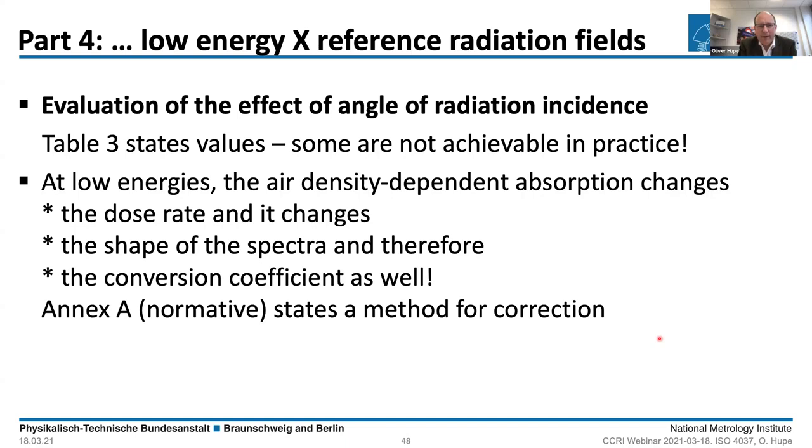But at the same time, the shape of the spectra also changes, because the absorption for the low energy part is much higher than for the high energy part. That means if you have a different shape of the spectra, you will also have different conversion coefficients. If you are above 30 kV, you don't have to care about this. But if you go to low energies, you also have to care about this point. Therefore, in Annex A, there is a method stated for how you can correct for this.